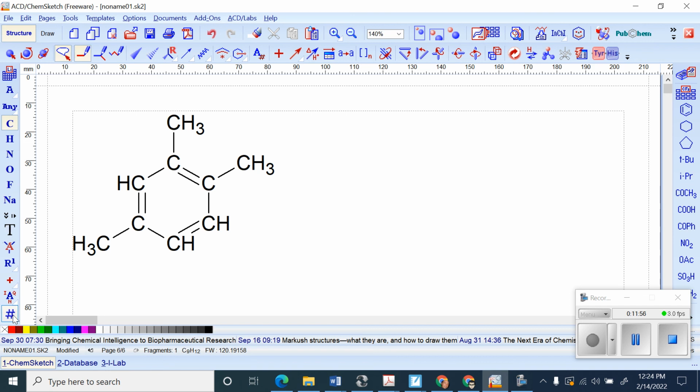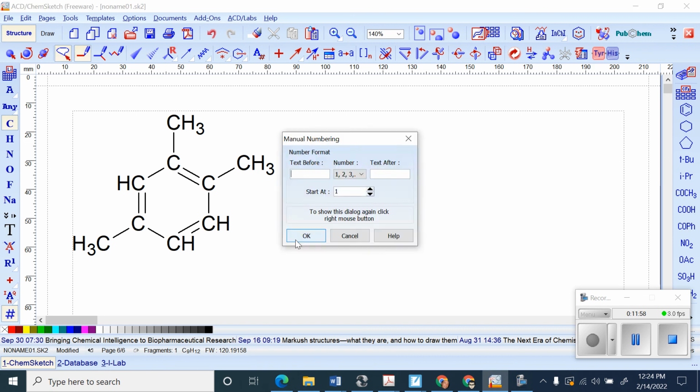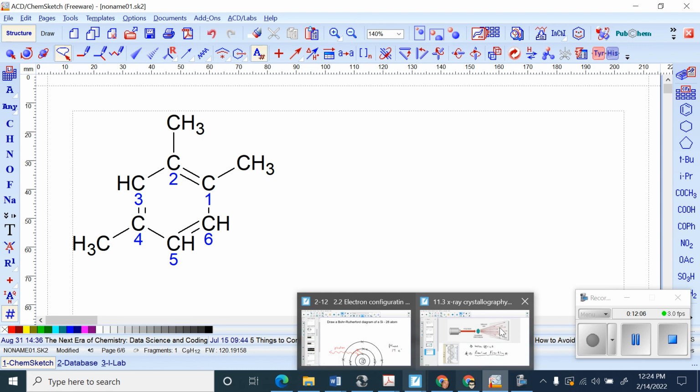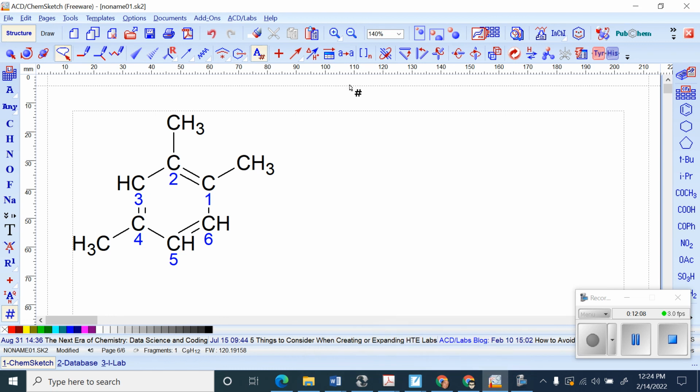So therefore, we'll number these like this: 1, 2, 3, 4, 5, 6. So then that becomes a 1, 2, 4 trimethyl benzene.